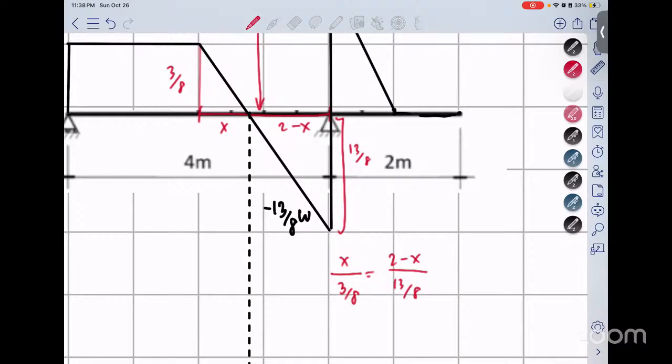Okay. So x times 3/8 equals (2 minus x) times (13/8). Solving for that, we get 0.375, or in fraction form, 3/8.